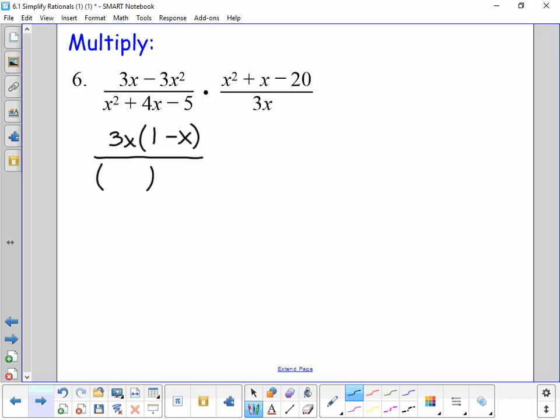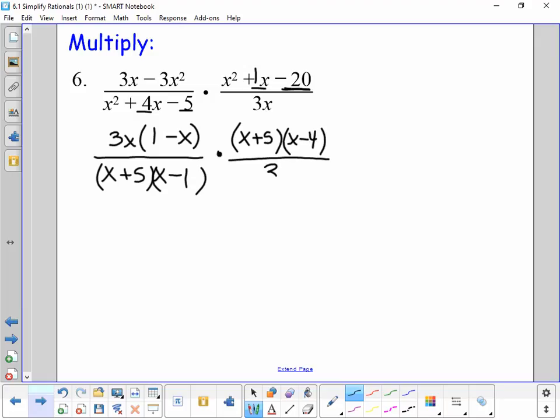In my denominator, it looks like I've got two factors, and I'm thinking of factors of -5 that add up to 4, so x plus 5 and x minus 1. And over here in my numerator, I'm looking for factors of -20 that add up to +1. So x plus 5, x minus 4, and my 3x doesn't really factor much more than that.